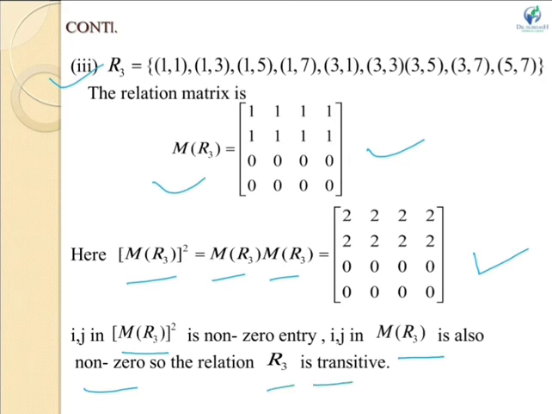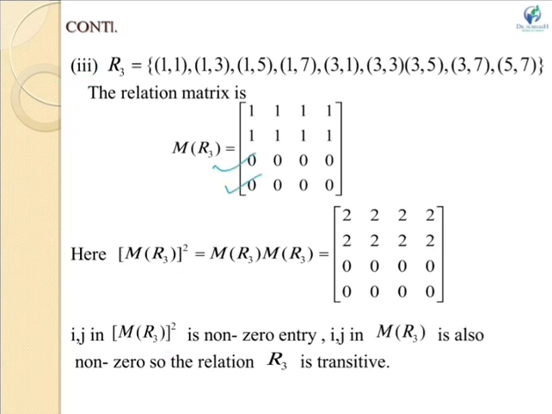See here you can see the last two rows of MR3 are 0, and here also the last two rows are 0. Or in other words you can also check by simple ordered pairs.